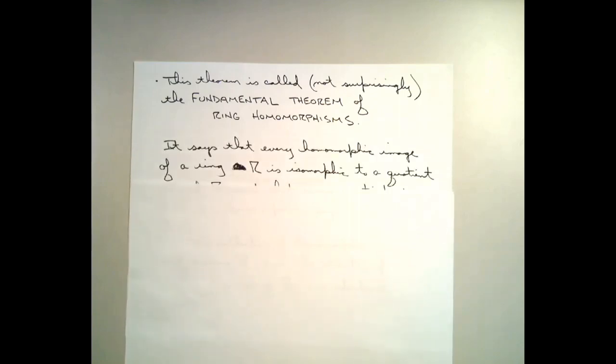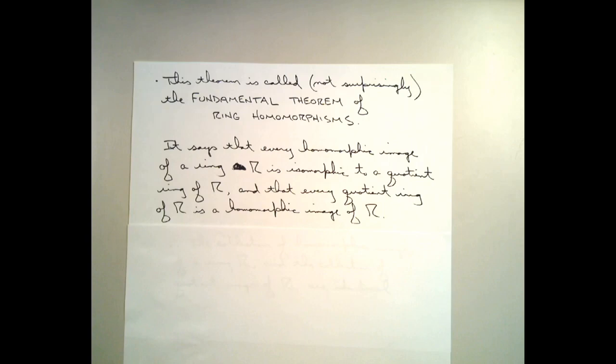So what this says is that every homomorphic image of a ring R is isomorphic to a quotient ring of R, right? In particular, it's the quotient ring of R mod the vanishing set, but let me just summarize it by saying that every homomorphic image of a ring R is isomorphic to a quotient ring, and every quotient ring of R is a homomorphic image of R, right?